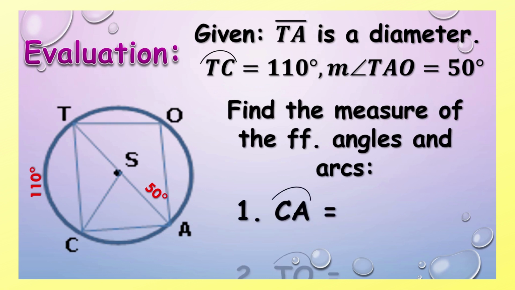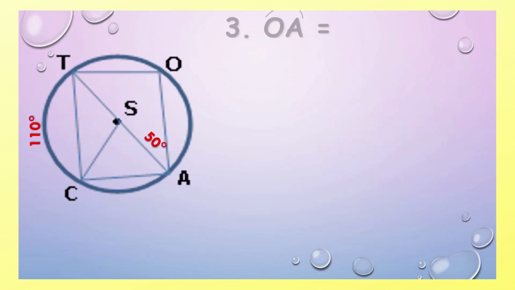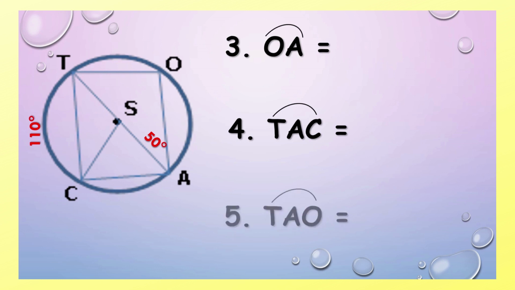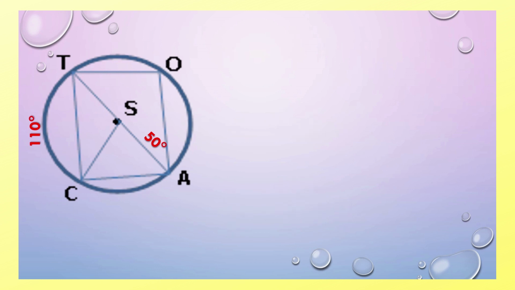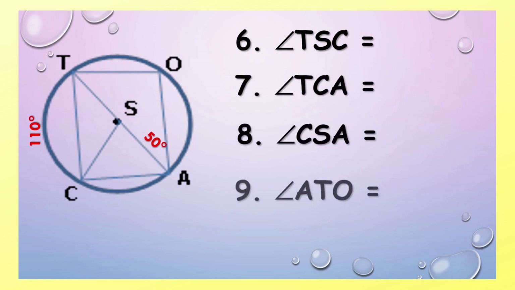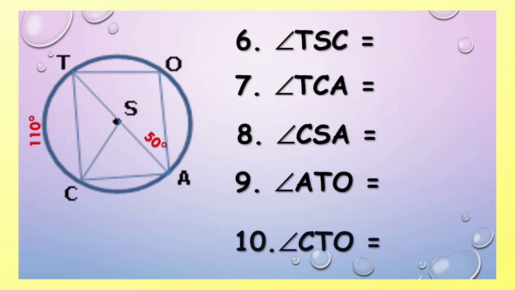Ayan, arc CA and arc T. Then arc OA, arc TAC, arc TAO, angle TSC, angle TCA, angle CSA, angle ATO, and the last one is angle CTO. Okay, so that's all for this day.